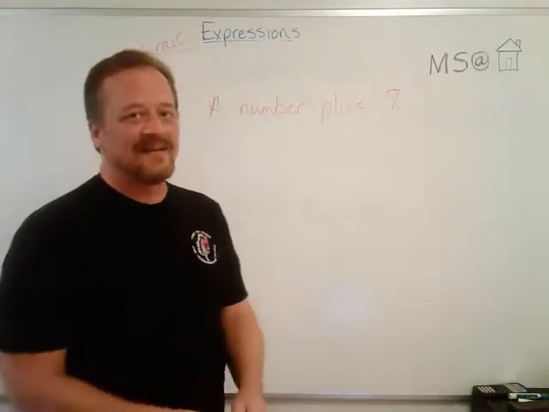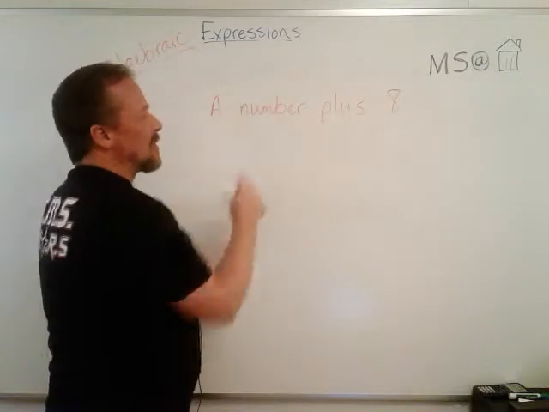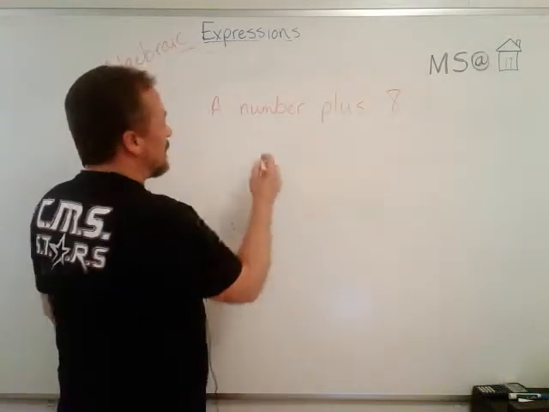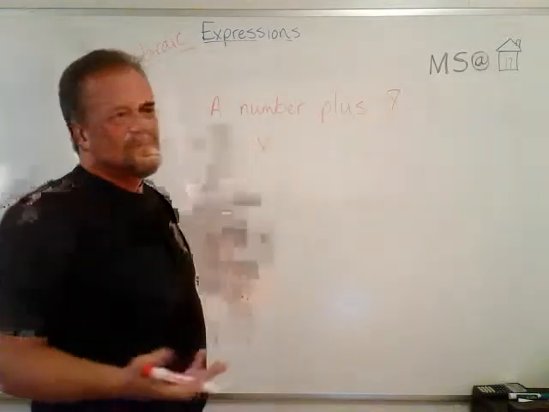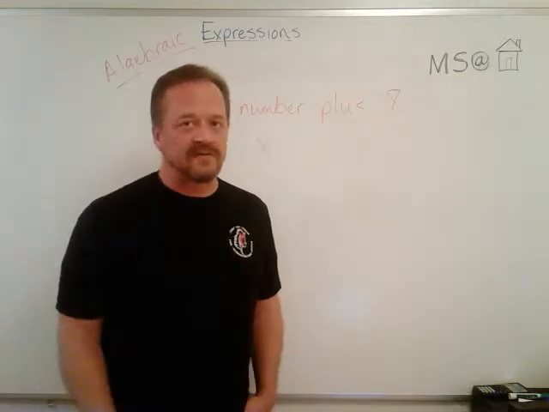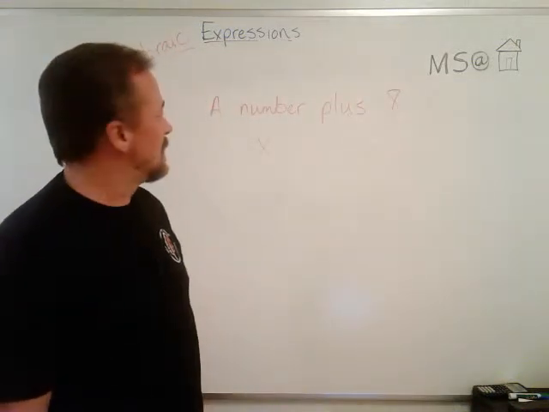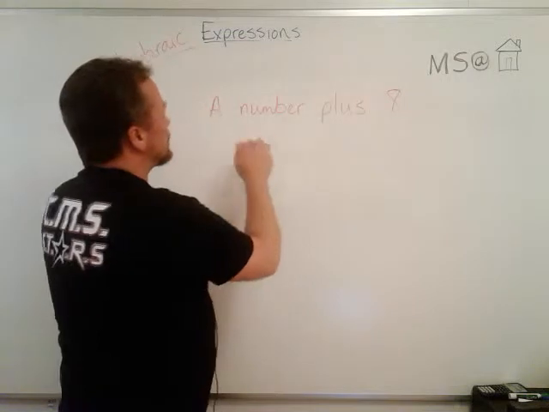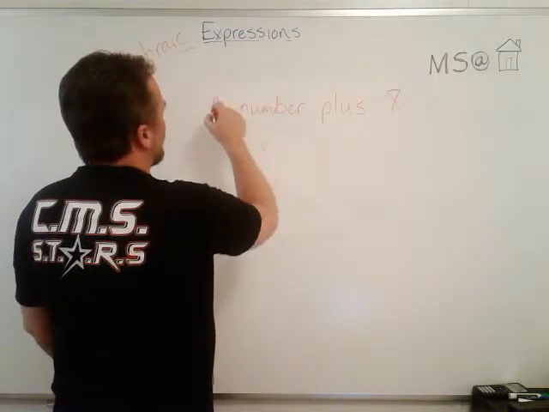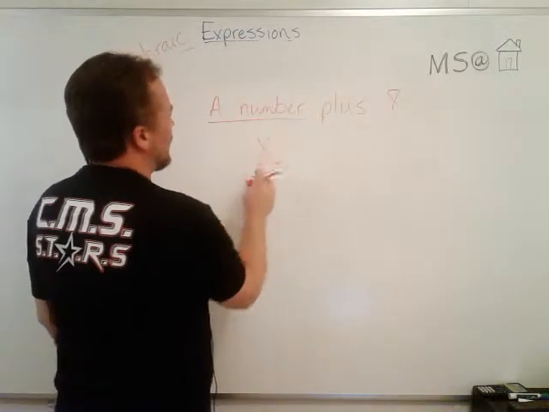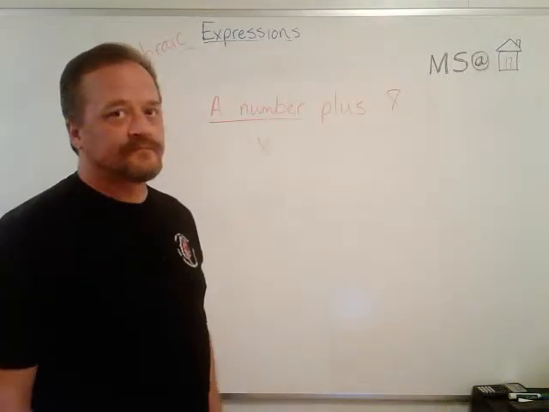Does that sound familiar? I'm going to have to say this number, I don't know what it is, x. Or any variable you want to choose. Doesn't have to always be x. Okay? So far I've already defined what this is, and I gave it a variable.